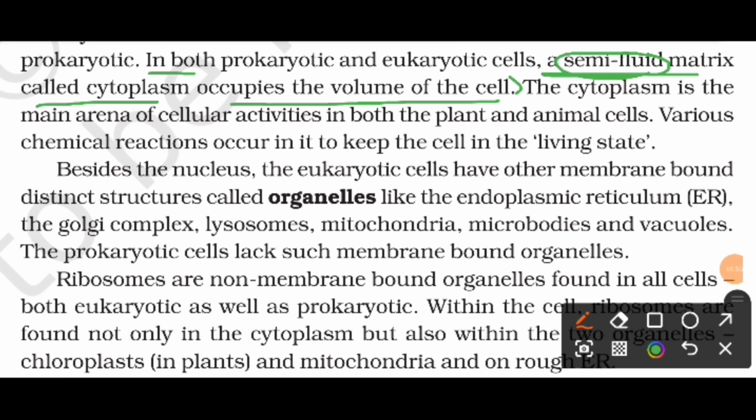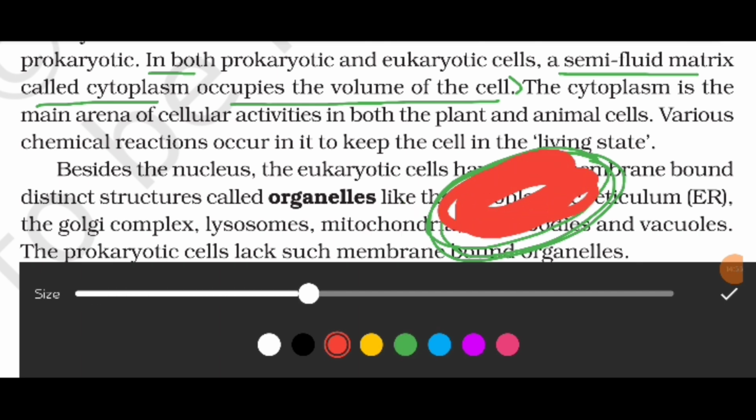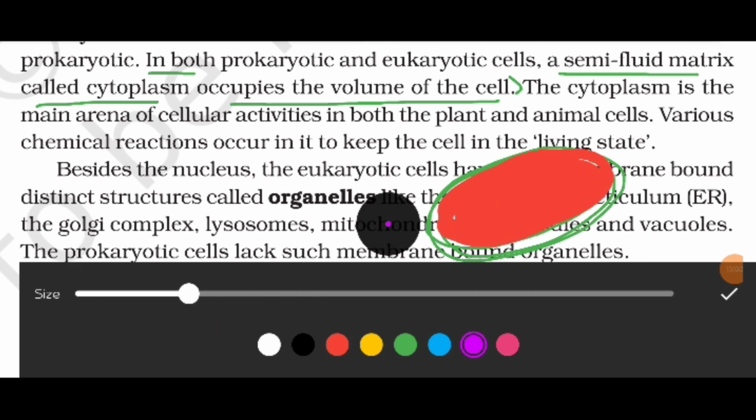Listen, further I'll clear the doubt about the semi-fluid matrix. If this is a cell, let me draw it, and the interior of the cell is covered by cytoplasm, the inside of the cell might also have many organelles.